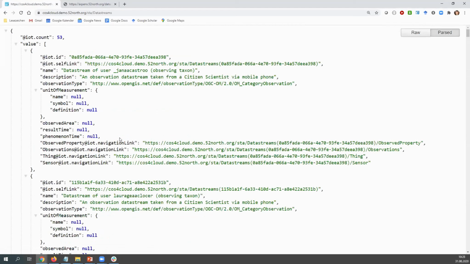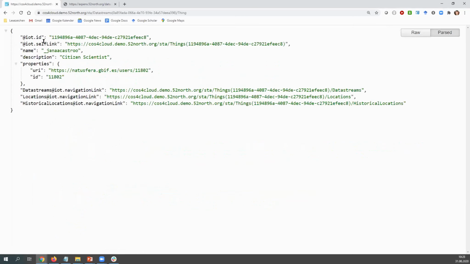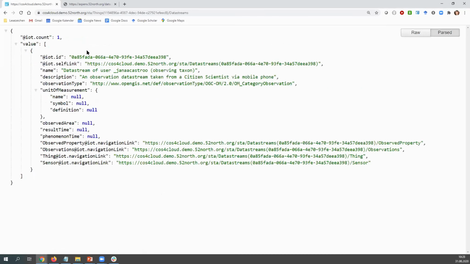The observations which are included in the streams can be then directly browsed here. And for example, here we have one person which has done such an observation. And this gives us then the opportunity to explore the data. And in this data stream, we have one observation. And here, for example, we have one observed property.